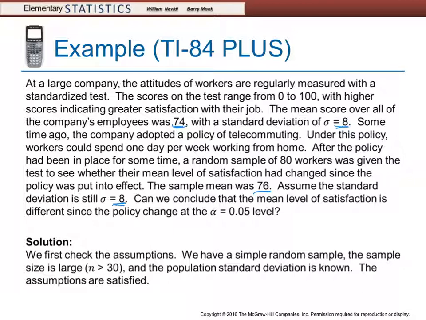We want to test the level of satisfaction at alpha equal 5%. Again, since n is greater than 30 and the population standard deviation is known, then the normality assumptions apply here.